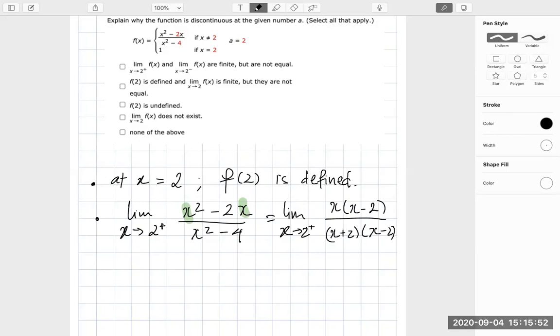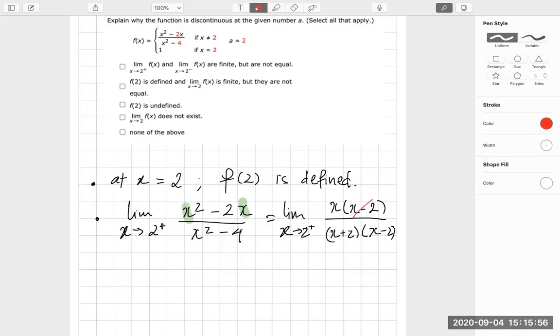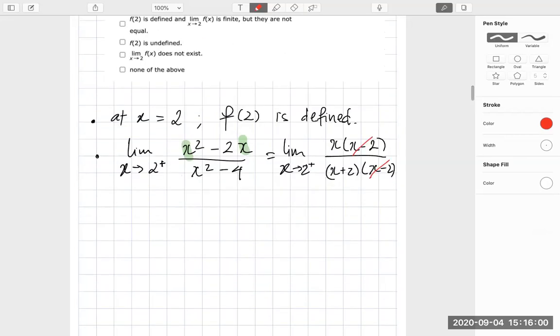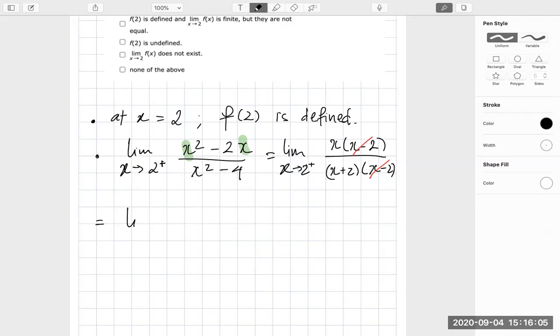Here, the x minus 2 in the numerator will cancel with the denominator term, and this fraction becomes the limit when x approaches 2 from the right of x divided by x plus 2.